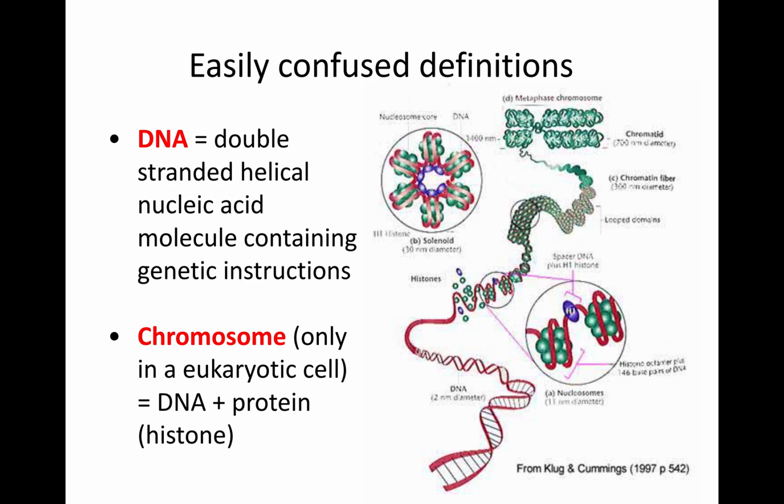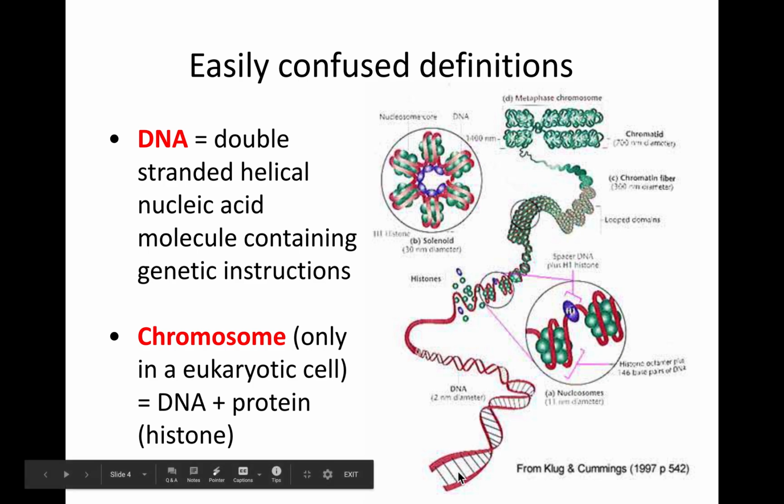Okay, so we're going to go through 2 slides of some terms that are easily confused, and you want to make sure you're clear on these definitions. DNA is our double-stranded helical nucleic acid molecule containing genetic instructions. To break that down, it's double-stranded and in a helical shape. In this picture here, you can see it's double-stranded and twisted in a helical shape.